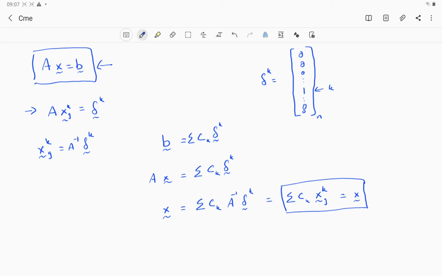So this is what a discrete Green function represents, and we can implement the same idea in the continuous function as well.